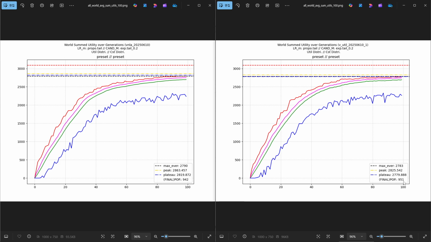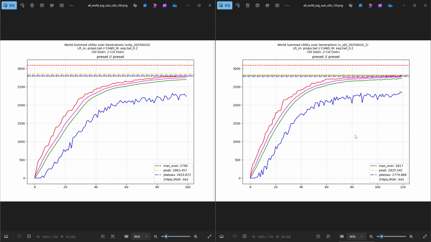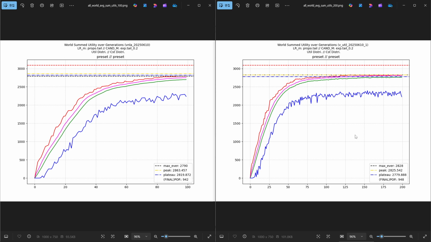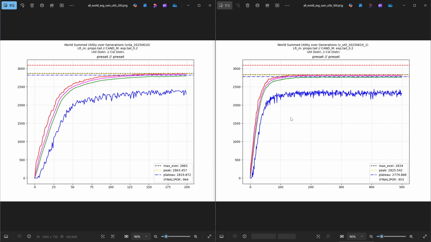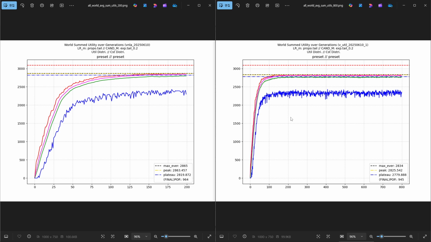You can see that 49 entities have been struck out. Quite similar, and then by generation 800, 900, 1000.